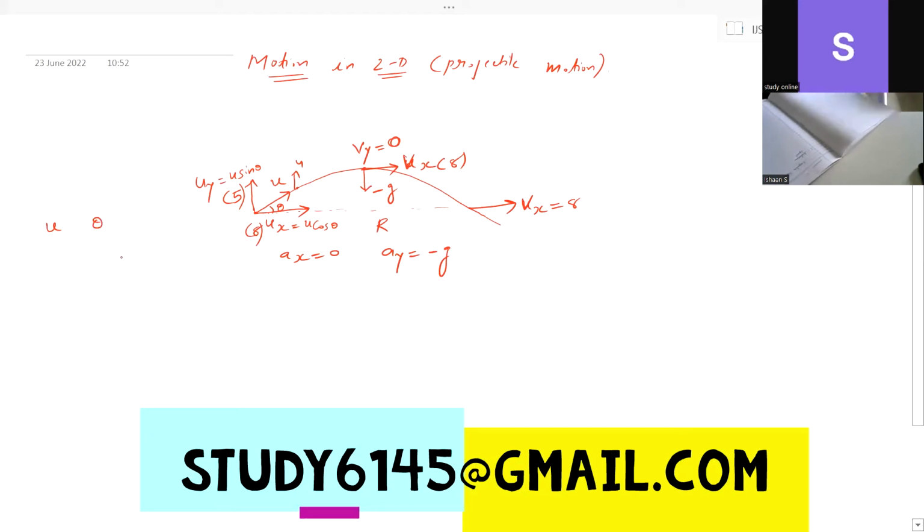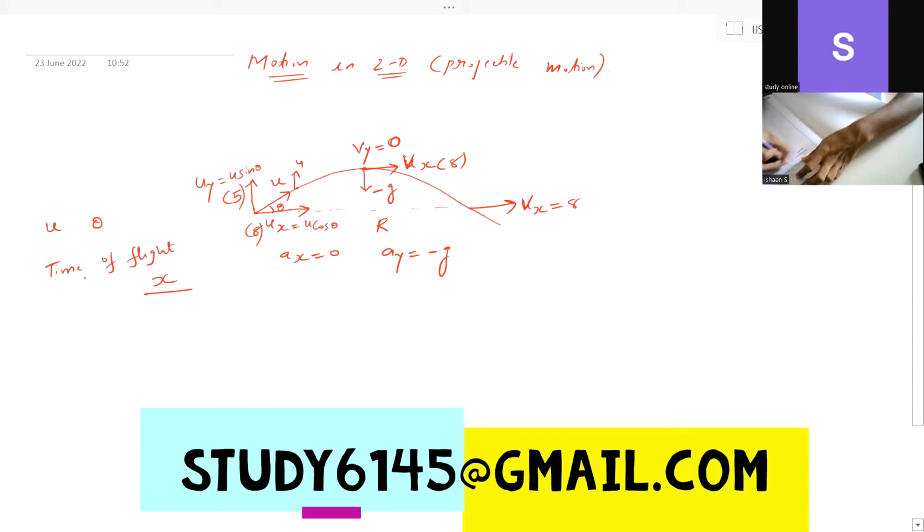Okay, let's derive this time of flight. Along X, what you have is Ux, which is equal to U cos theta. And in the Y direction, we have Uy, which is U sin theta.